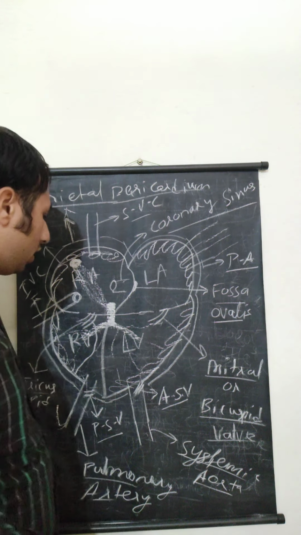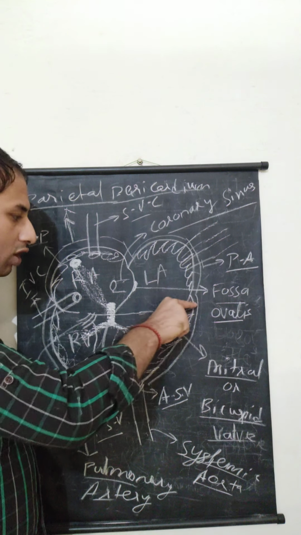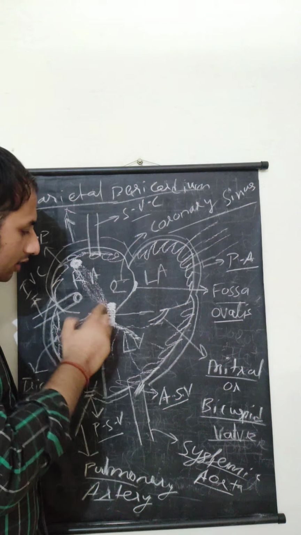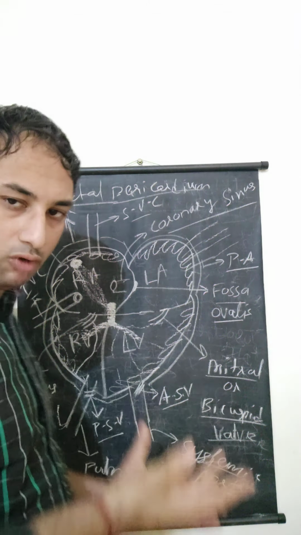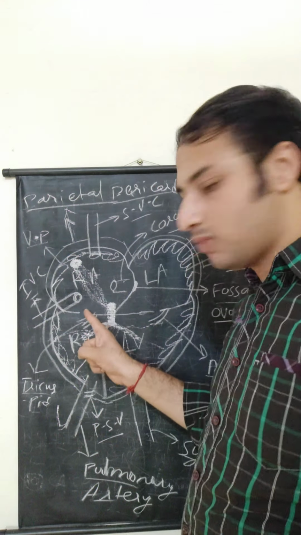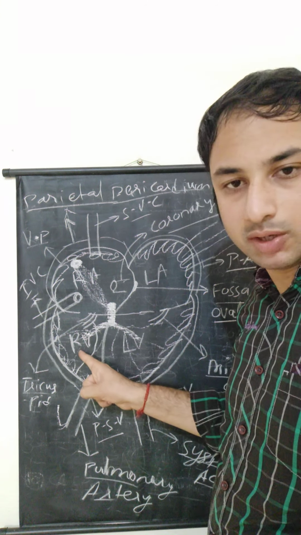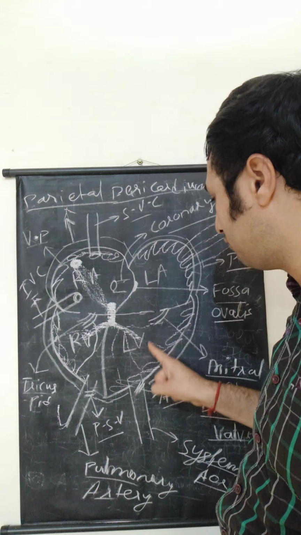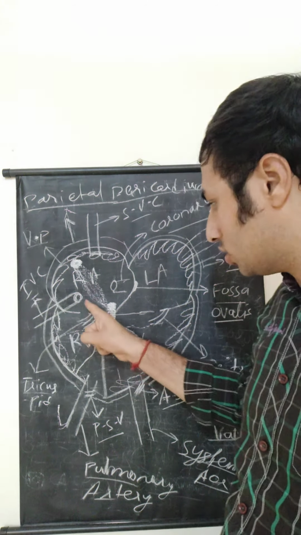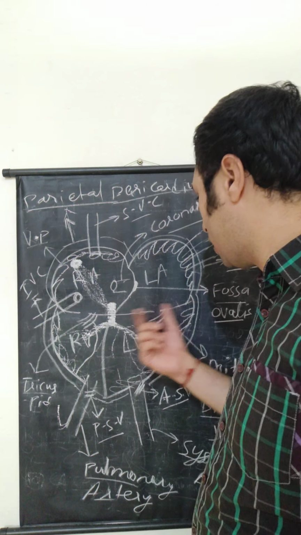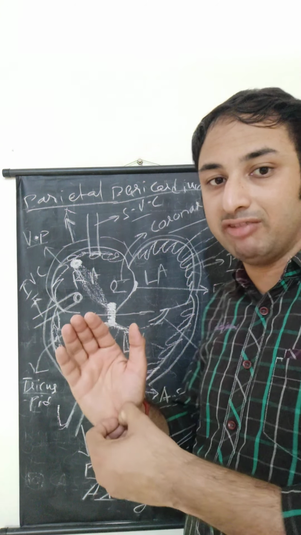Now, this wall is called the atrioventricular septum. In this atrioventricular septum, there is one opening between the right atrium and right ventricle, and one opening between the left atrium and left ventricle. This opening is called the atrioventricular foramen, and the atrioventricular foramen of each side is guarded by one valve.